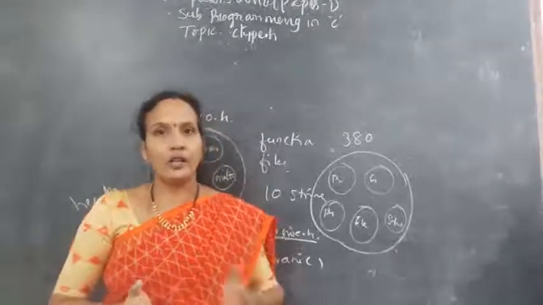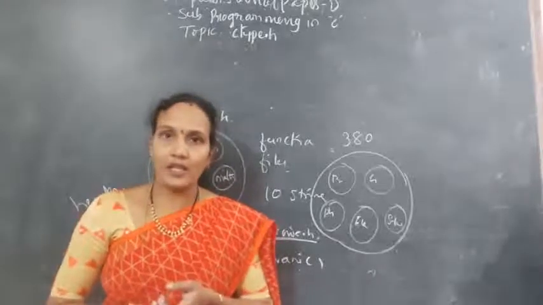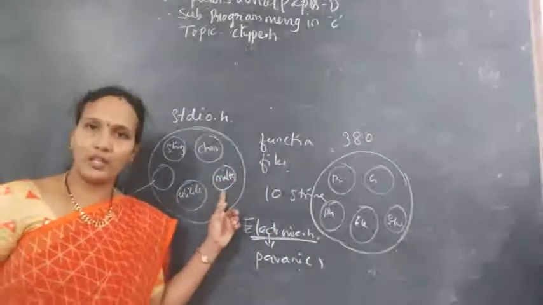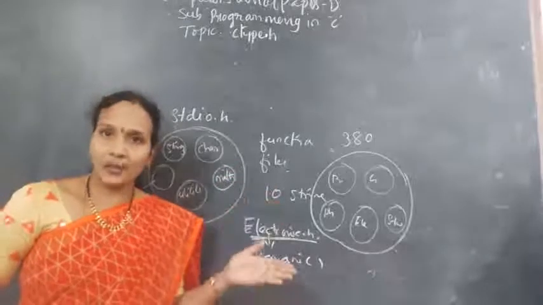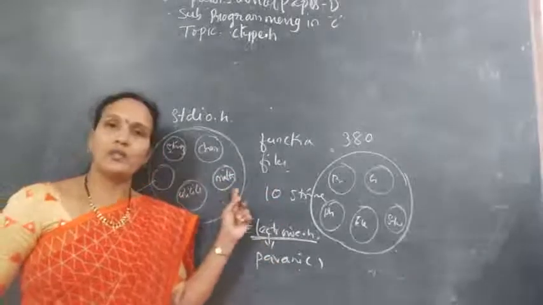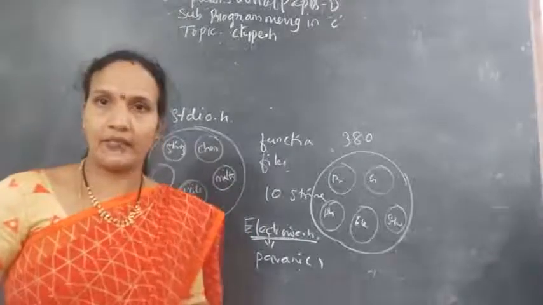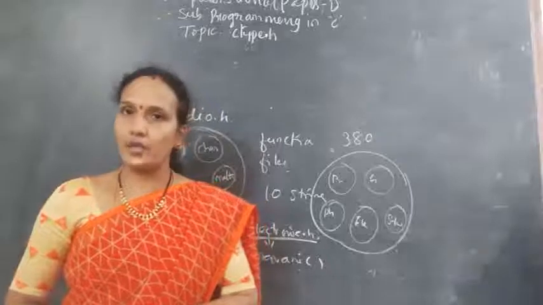Then only you can call Pavani. If there is no such group, how can you call Pavani? It is not possible. Similarly, if you want to use the mathematical functions, at the beginning of the program you should include this math.h header file. Then only the functions in that header file can be used in your program. Otherwise, it is not possible.